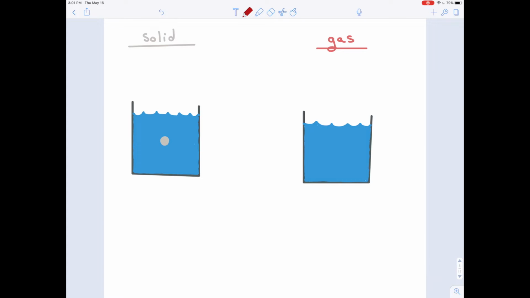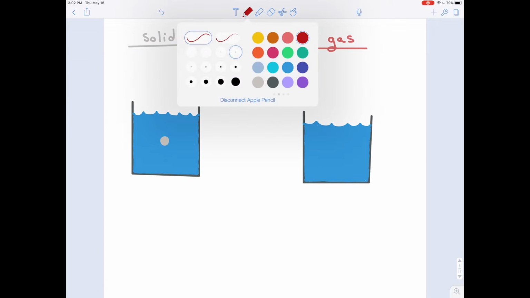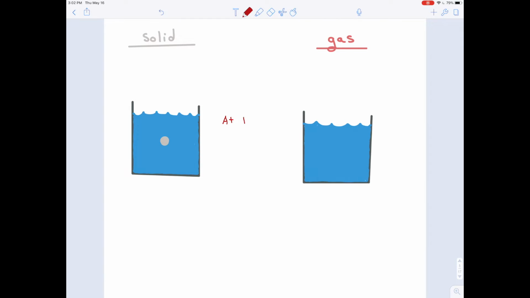Now, at higher temperatures, the water molecules crash and bang into the solid more forcefully and more often, and so the solid dissolves better.